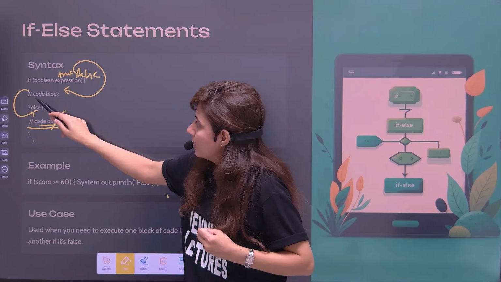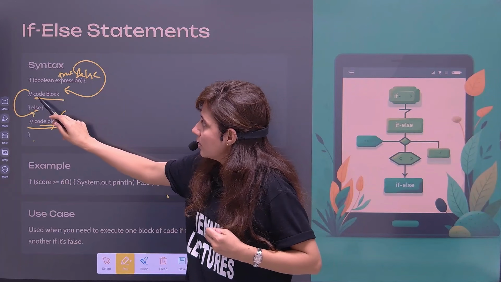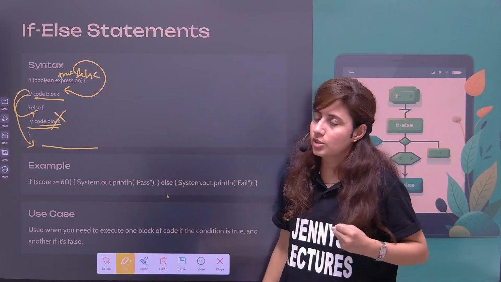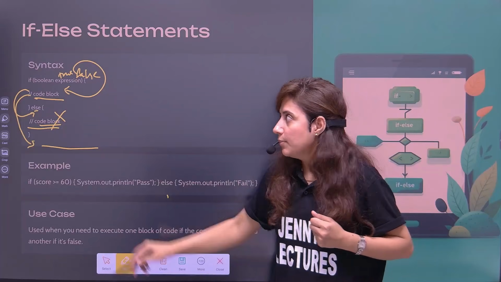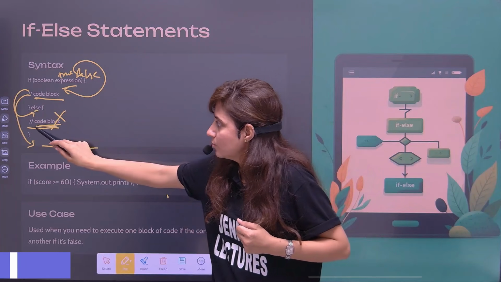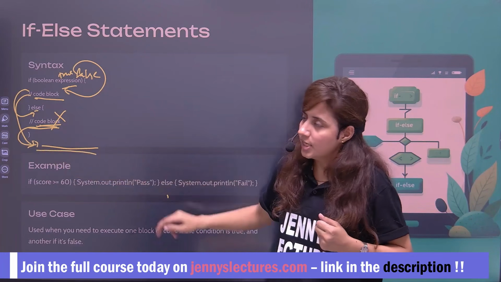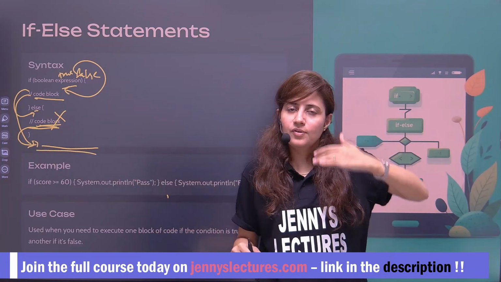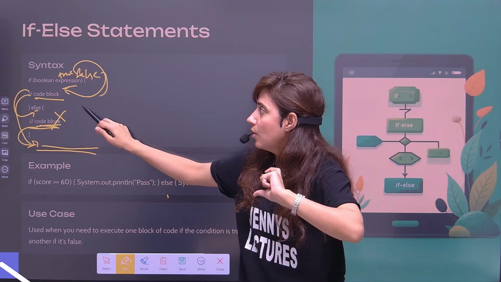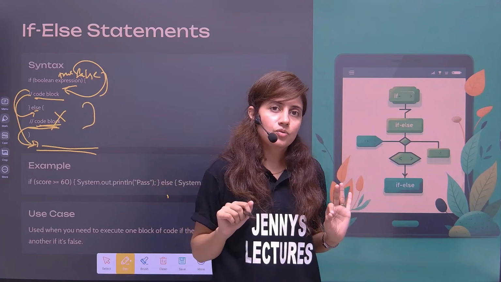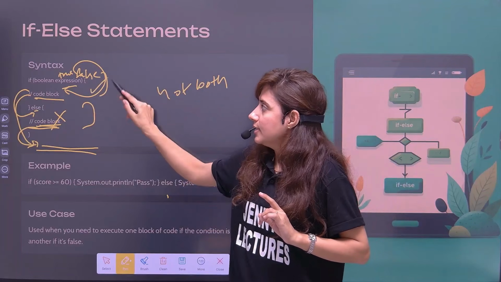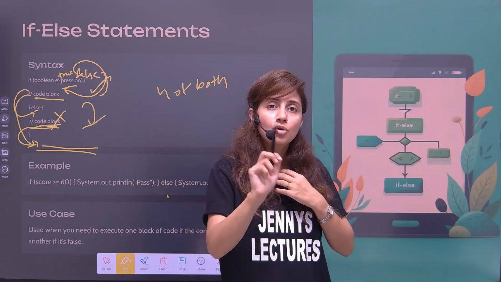After executing these statements, control will directly go outside of the if else block. Whatever is there, that would be executed. Right? Same, if this condition is false, control will go to the else block, then control will go directly to the statement written just after the if else block. So here the thing is, either the if or else block would be executed, not both. That is for sure. Either this or this would be executed, not both.